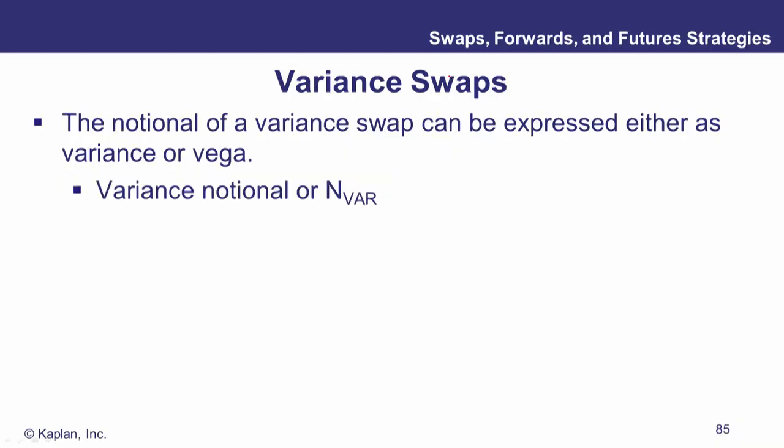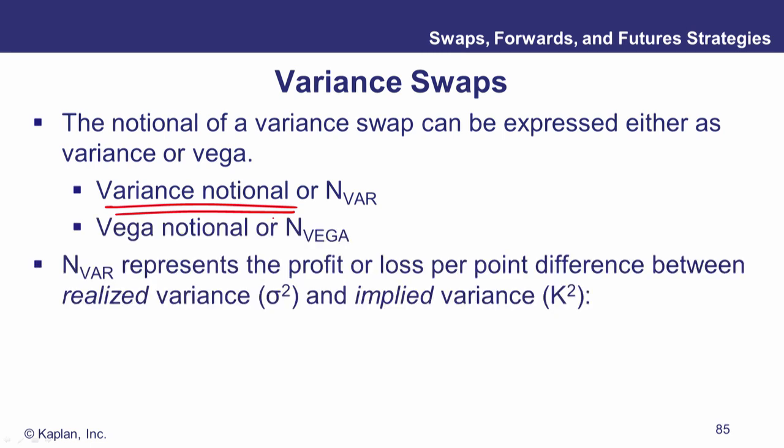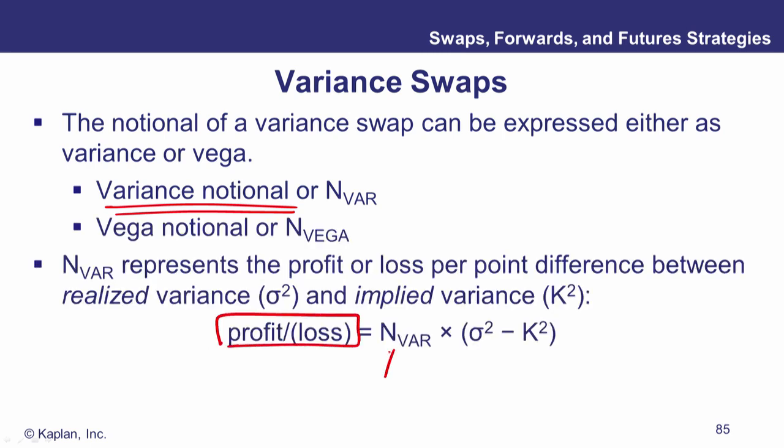And you're going to win to the tune of your variance notional. Don't forget the payoff for your variance swap is, we've seen this before, your variance notional, that's your size on a variance basis, multiplied by realized variance relative to the strike variance, which was implied by option prices at the start of the swap.